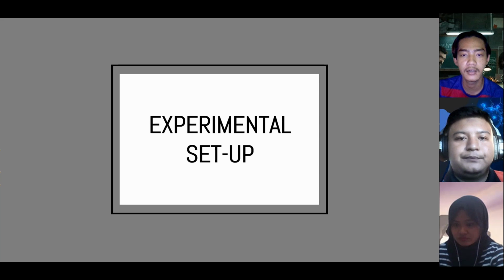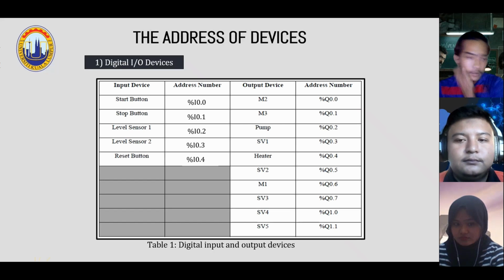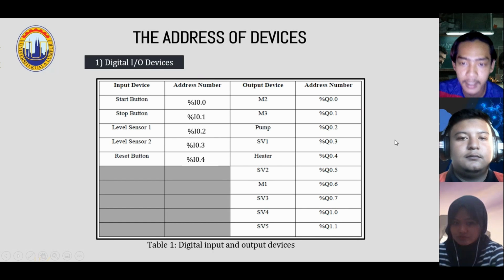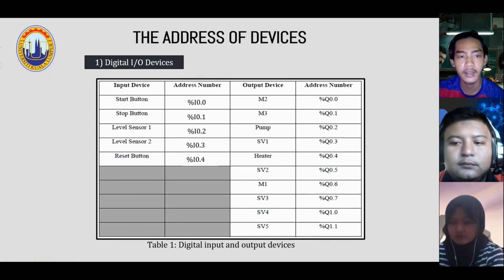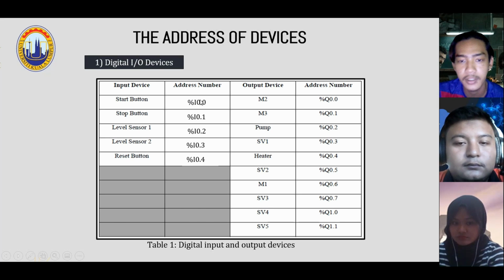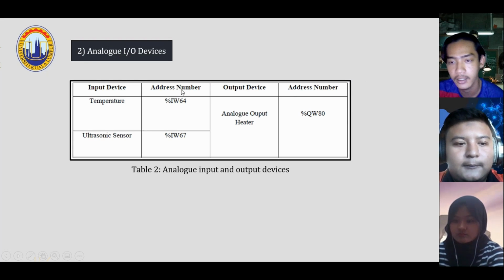I will explain about the experimental setup for this Lab 2. In this experiment, there are two types of connection, which are digital and analog. Both have different ways of setting up the connection for the system.